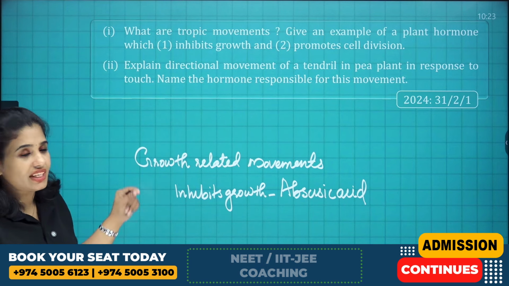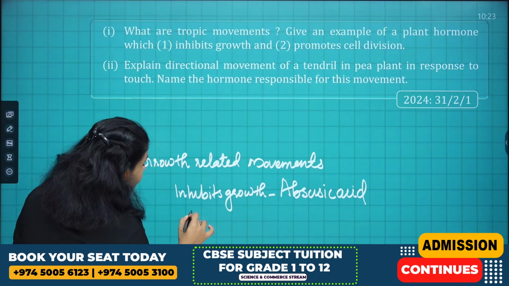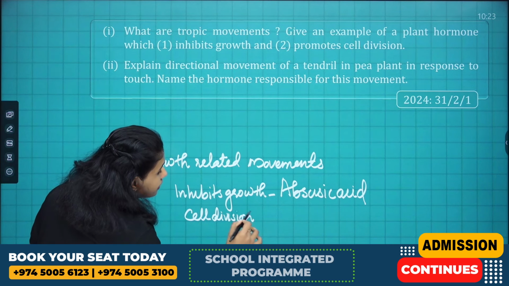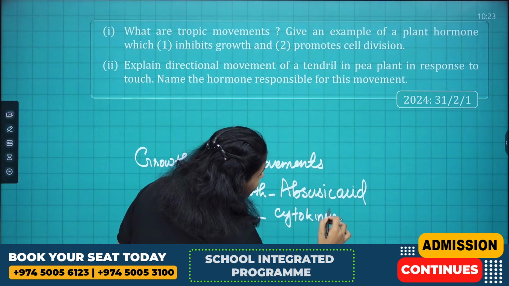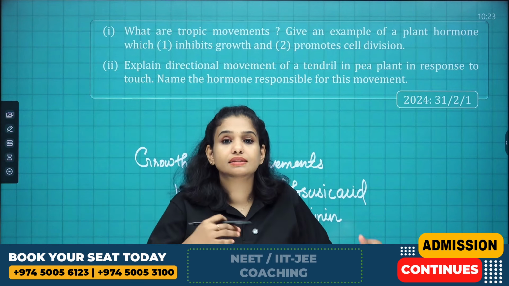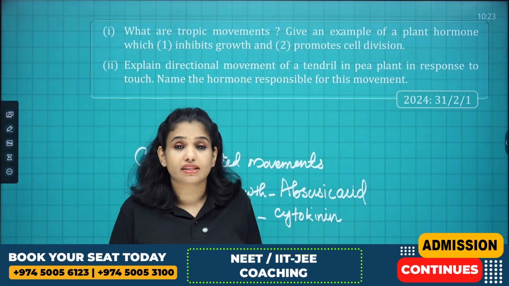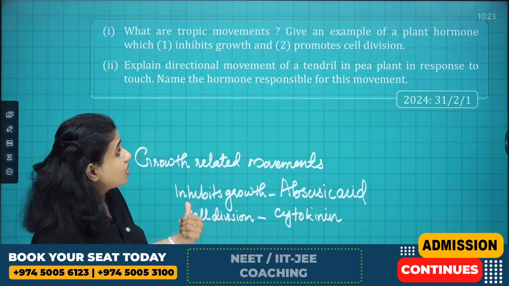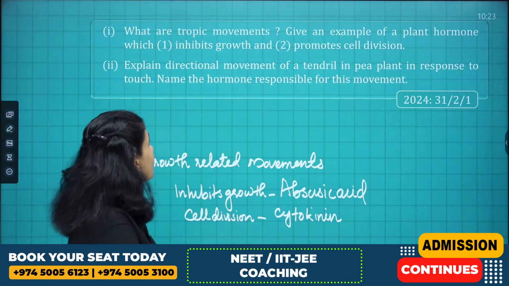Abscisic acid inhibits growth, and cell division is promoted by cytokinin. So, the one that inhibits growth is abscisic acid, and the one that promotes cell division is cytokinin. These are the two hormones.